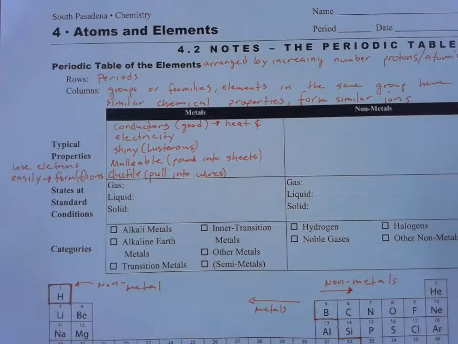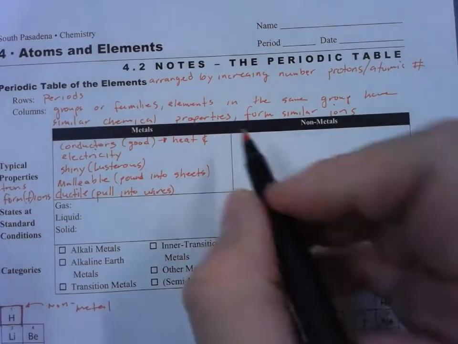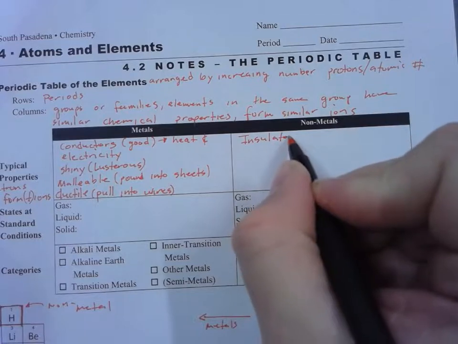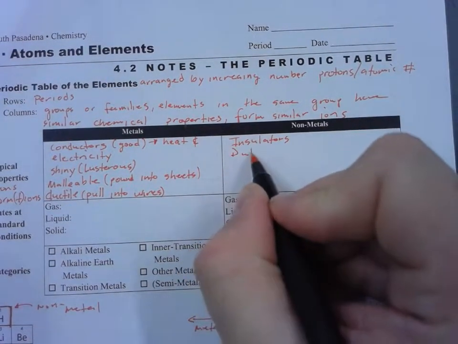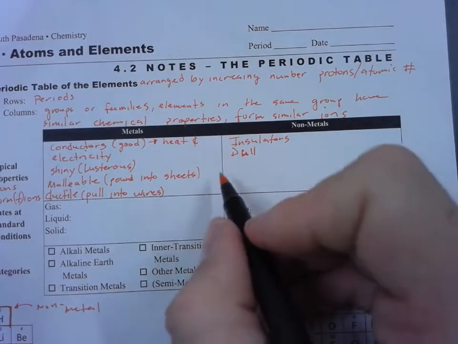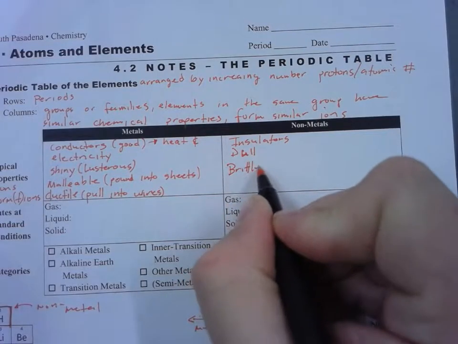On the nonmetal side, well, the opposite of a conductor is an insulator. They're all good insulators. They tend to be dull as opposed to lustrous or shiny. They tend to be brittle as opposed to malleable and ductile.